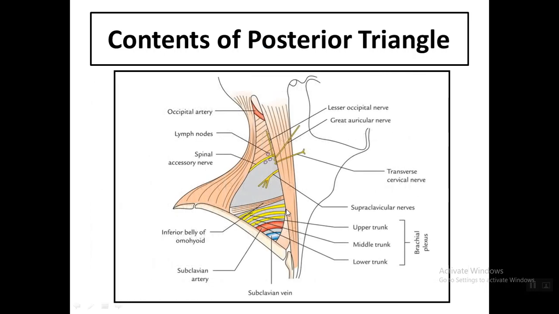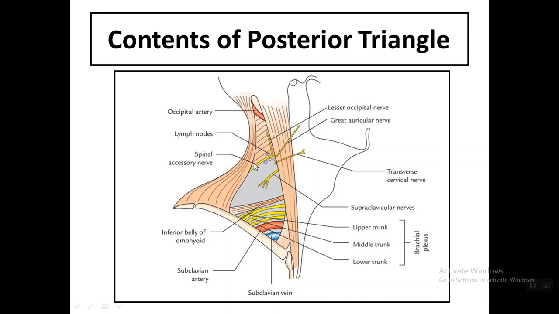We can see in this picture: this is the posterior triangle, this is the sternocleidomastoid, and this is the trapezius, and lower down this is the middle third of the clavicle, and these are the contents. This is the occipital artery. These are branches of the cervical plexus.